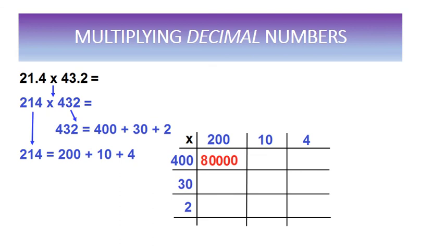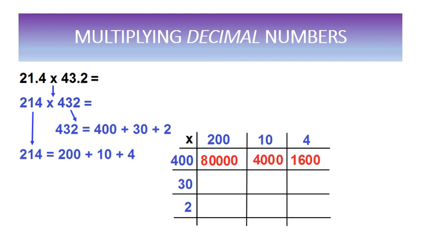Now I'm going to do 10 times 400, so 1 times 4 is 4. Multiply that by 100 because 400 is 100 times bigger than 4, and then multiplied by 10 for the 10 above. And then I'm going to do 4 times 400, 4 4s are 16, make that 100 times bigger for the 400.